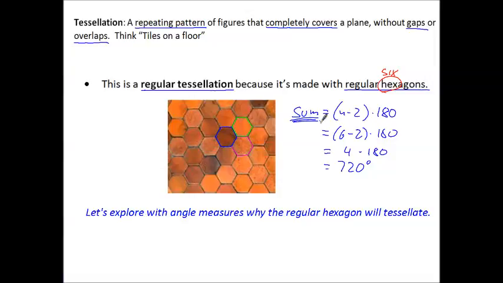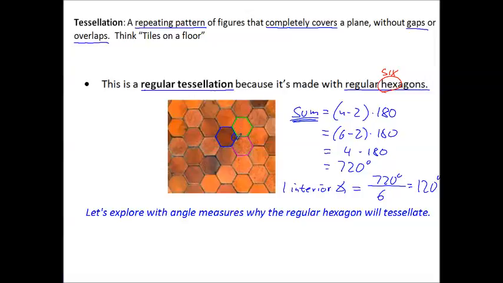We want to know how much the measurement of each one of these interior angles is. They are congruent, so one interior angle will be the angle sum divided by how many there are. We have 6 angles in the hexagon. That means the measurement is 120 degrees.